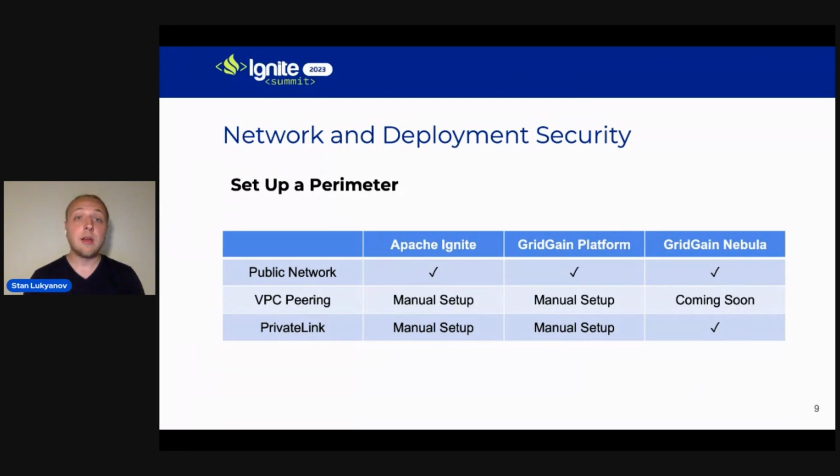It's more of the networking and environment setup, which you need to do manually, but you can make it work with Apache Ignite for sure. And then on GridGain Nebula as a managed service, we have a choice of the public network or private link. The private link setup with Nebula is much easier than if you would set it up yourself, because everything just comes out of the box and there is a short instruction to follow to get it to work.